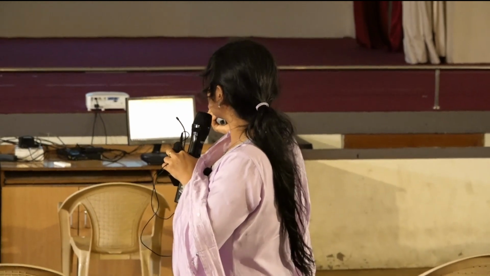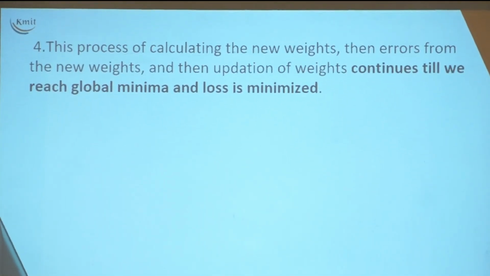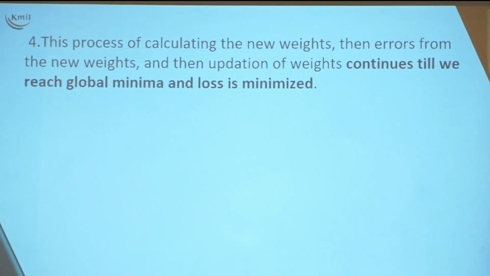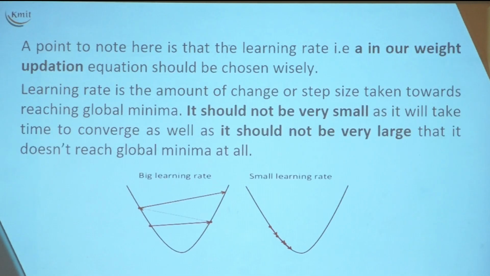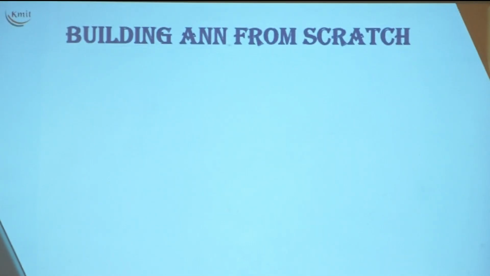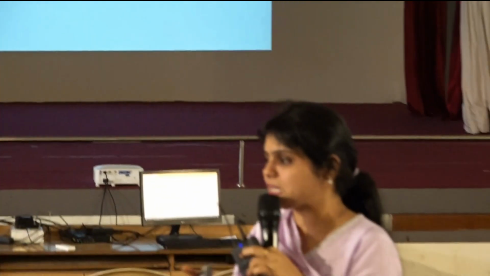This process of calculating new weights, then errors from the new weights, and then updating the weights continues till we get global minima or the loss function is gradually reduced. Let's start building an ANN from scratch. Are you all ready? It is a 3-step process basically. To develop a neural network model from scratch, we have to understand 3 important steps.